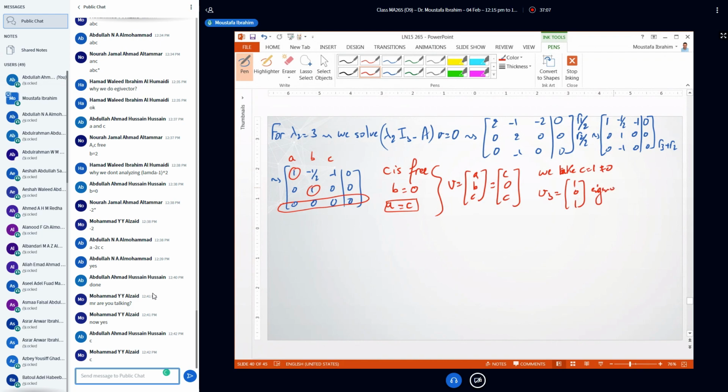Eigenvector associated with lambda 2 equals 3.